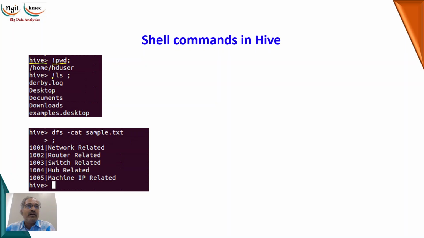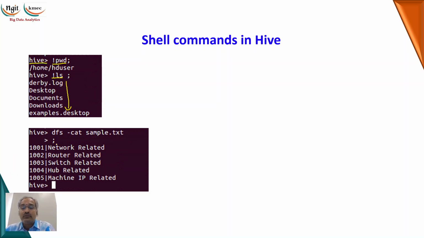And if you want to execute ls, simply give an exclamation mark and ls. It will give you the list of all the files in the current directory. This is how to execute shell commands in the Hive environment.